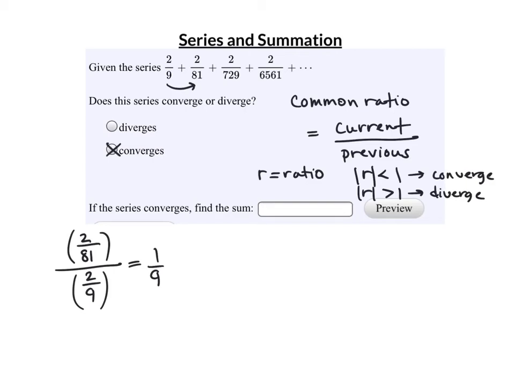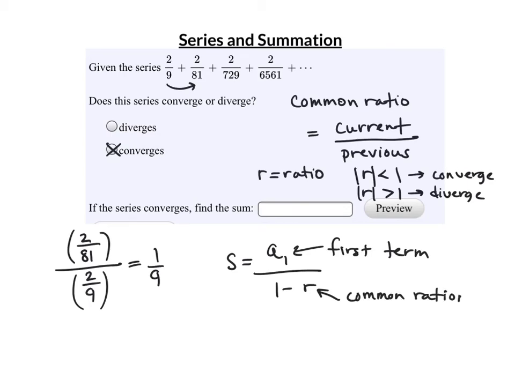Now it says if the series converges, find the sum. You need a formula for that. The sum of an infinite series is a sub 1, which is the first term, divided by 1 minus r, which is what our book uses for the common ratio.